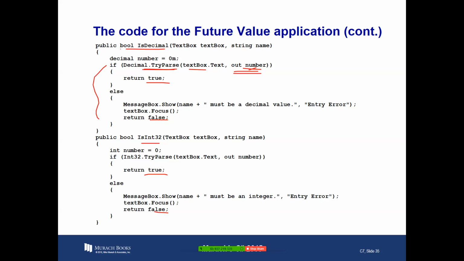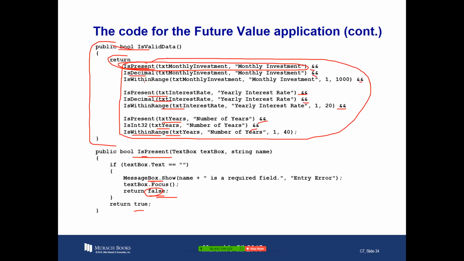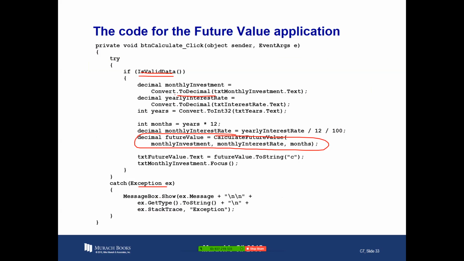We just return basically if it's parsable or not. But back up here we don't need TryParse. If this returns true, then we know it's parsable. This is parsable, this is parsable, this is parsable. So we know that, and we don't have to do anything.